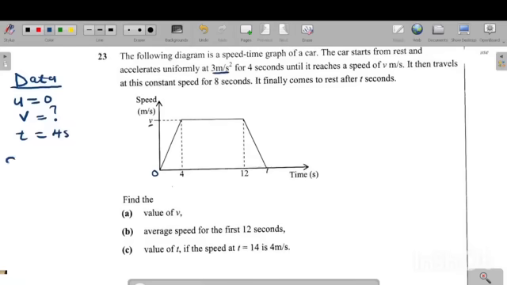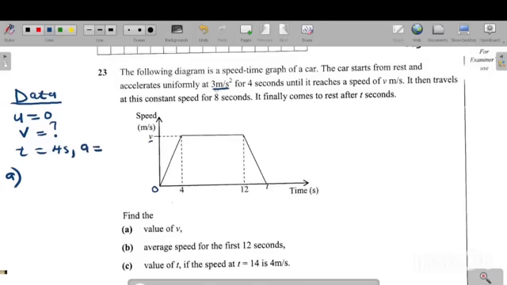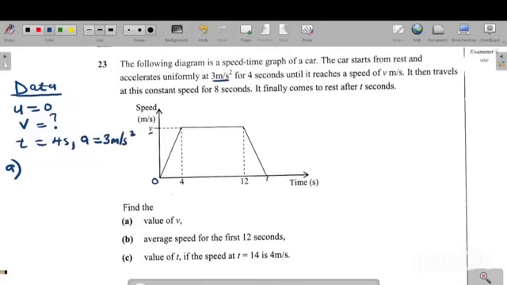Okay, now at A, they want us to find the value of v. So how are we going to find the value of v? We are going to find the value of v by using the formula for finding acceleration. Okay, we've been given that acceleration in this case is 3 meters per second squared.